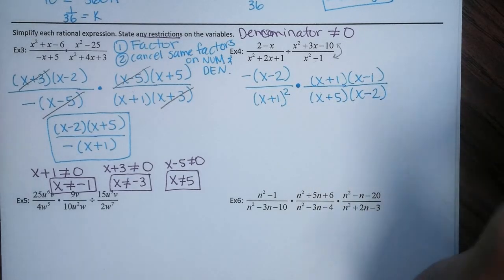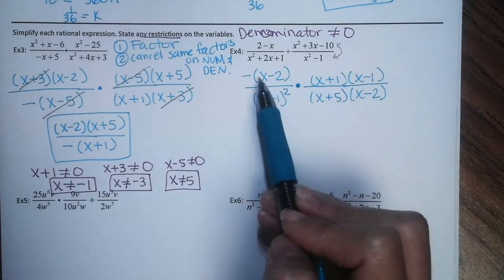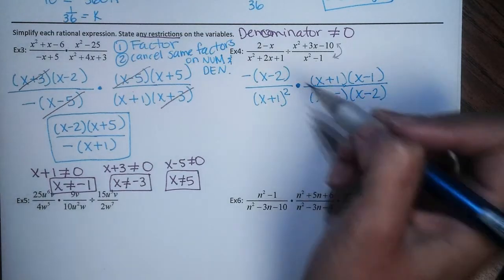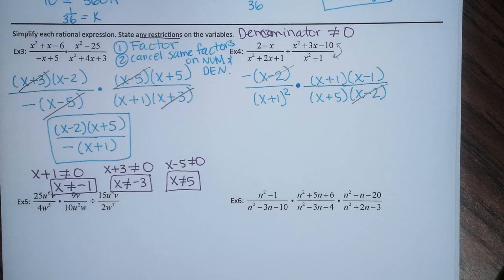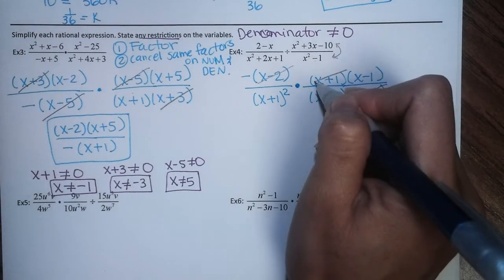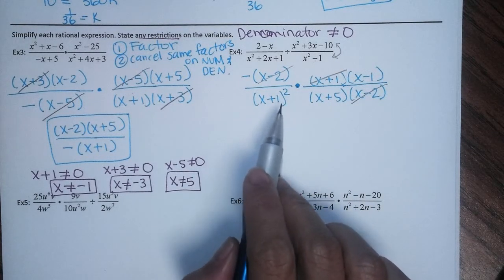That looks right. Now you can do the same thing I did on example 3. Any factors that are the same on the numerator as the denominator can be canceled. So this x minus 2 with the x minus 2. The x plus 1 on the numerator can be canceled with one of the x plus 1s on the denominator.